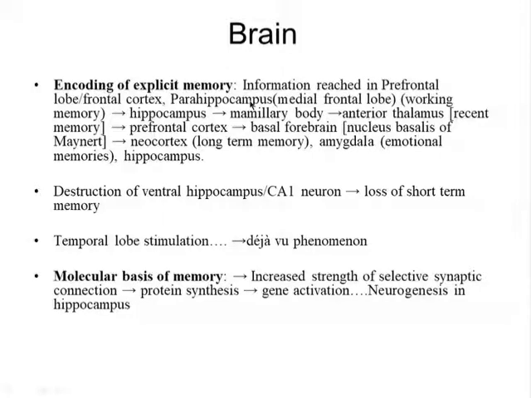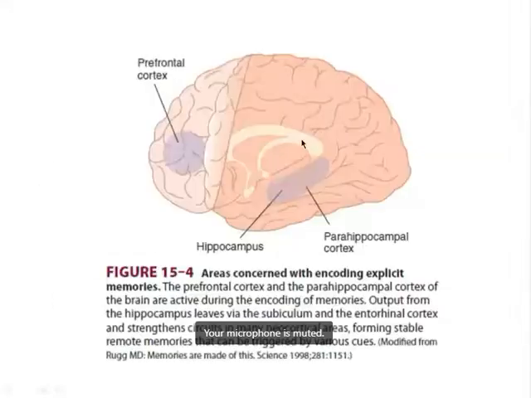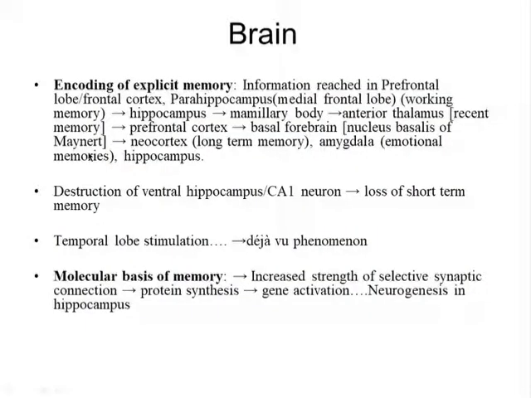Then from there it will go to the hippocampus. From there the impulse will go to the mammillary body, to the anterior hypothalamus. Then it will be turned into recent memory. Then from the prefrontal cortex to the basal forebrain, from the basal forebrain to the nucleus basalis of Meynert, that means the base of the brain. It will enter, then it will go to the neocortex, and then it will be long-term memory. In the amygdala also it will enter, and it will be stored as emotional memory.